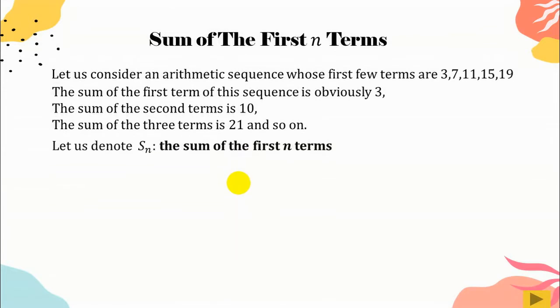We can denote the sum of the first n terms as Sn, with the formula Sn equal to the first term plus the second term and so on until the nth term.